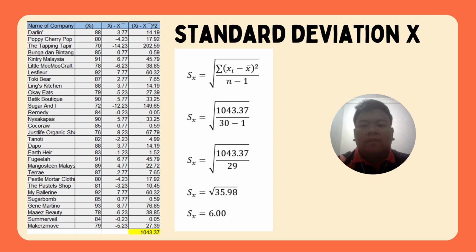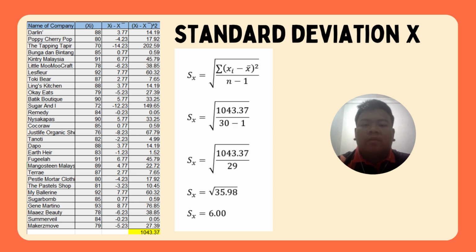Using the table, we'll get 14.19. Then we'll calculate it for all the companies, and then we sum it up at the bottom. So we get 1043.37. And then n is 30 as the number of companies, so it's going to be 30 minus 1.